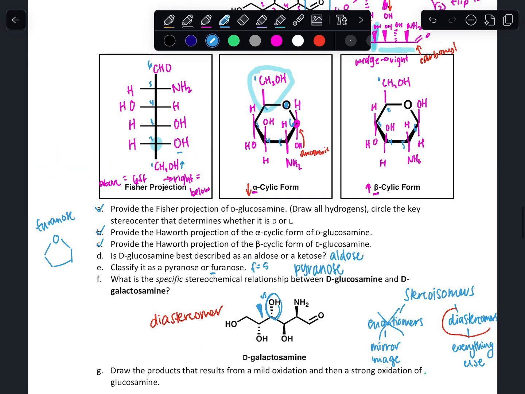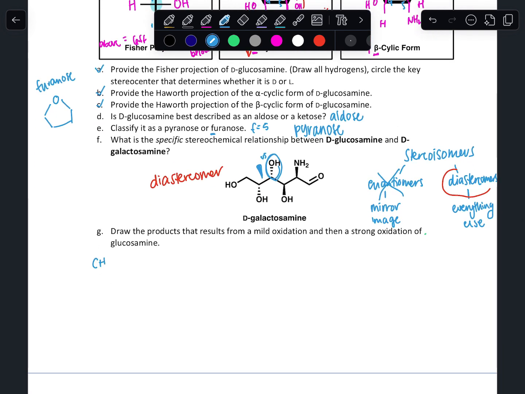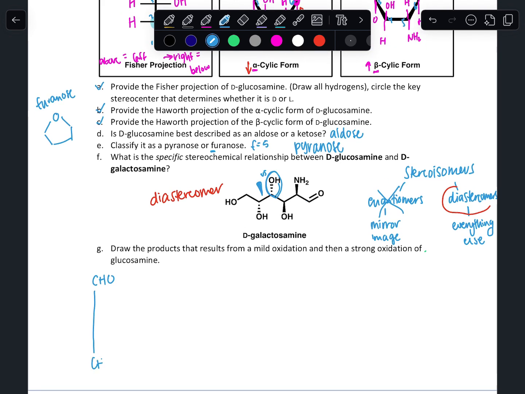Finally, draw the products that result from a mild oxidation and a strong oxidation of glucosamine. So if we want to draw it out with our Fischer projection, our original looks a little something like this. And if we were to mildly oxidize, we could turn our alcohol into an aldehyde.